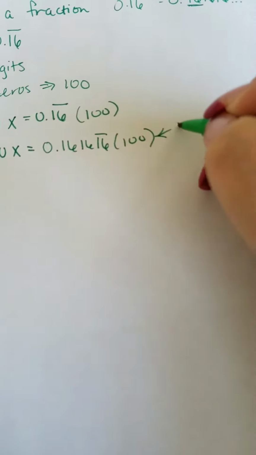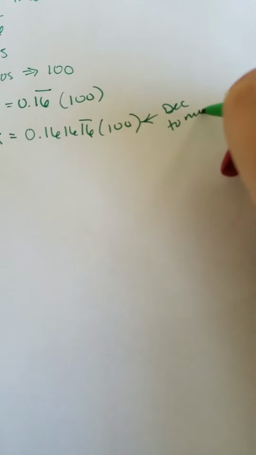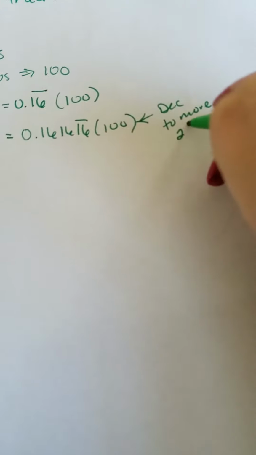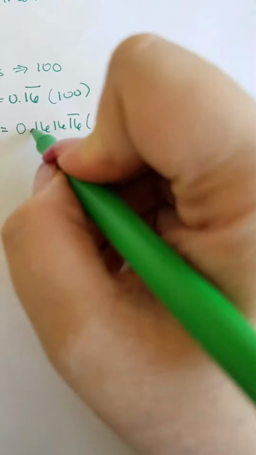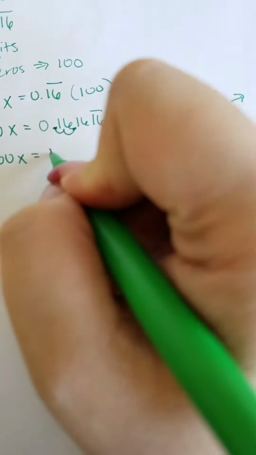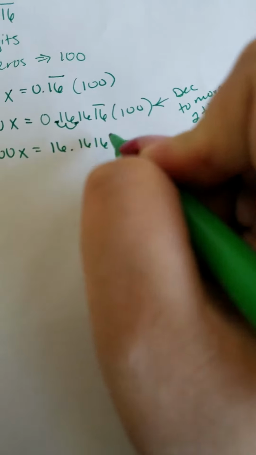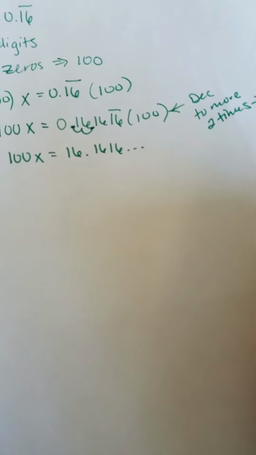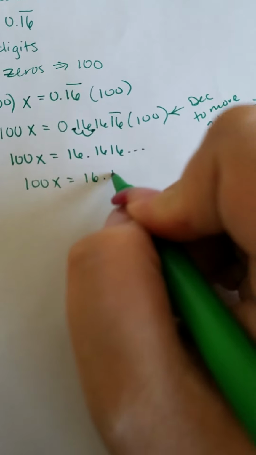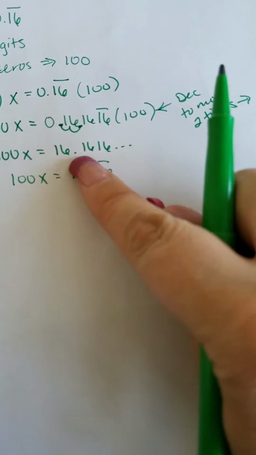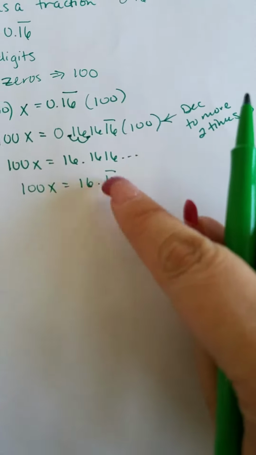So this causes the decimal to move 2 times to the right. So this decimal goes from being here to being here. So that will give us 16.1616, so on and so forth. We can then rewrite that as 16.16 repeating, because this will go on forever. So that's the same thing here.